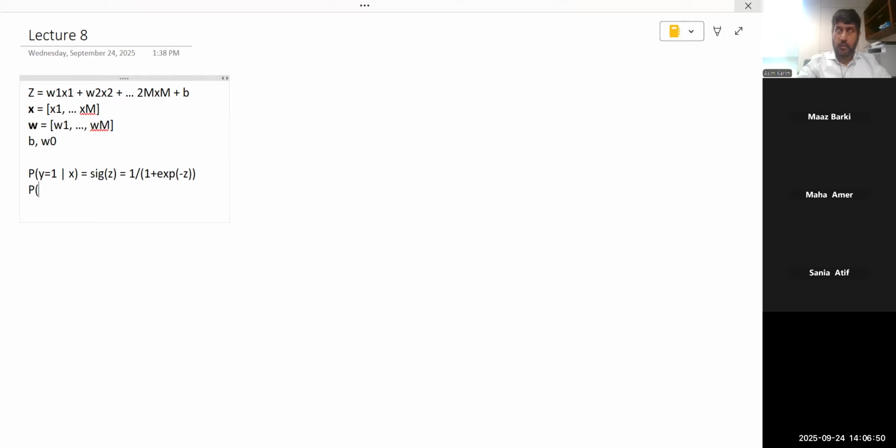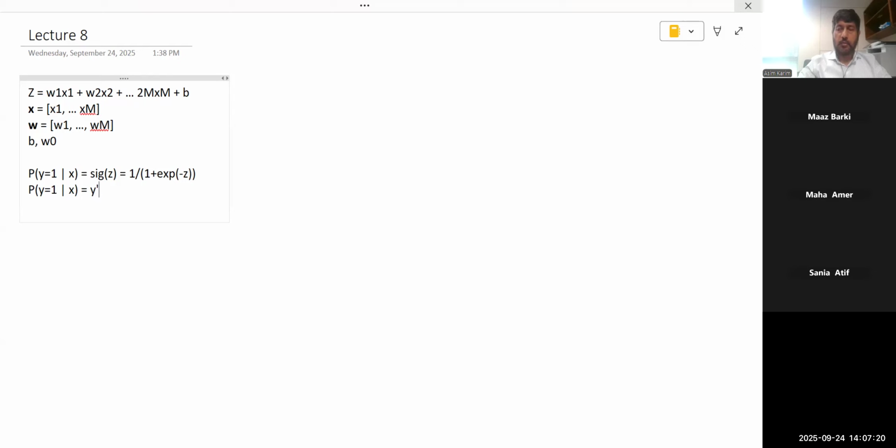Sometimes for notational convenience, we can call P of y is equal to 1 given x as y prime for this particular x, to distinguish it from the actual y, which is in the data set. So this is the output of the logistic regression function. This is a continuous value, so that's why this is called logistic regression.